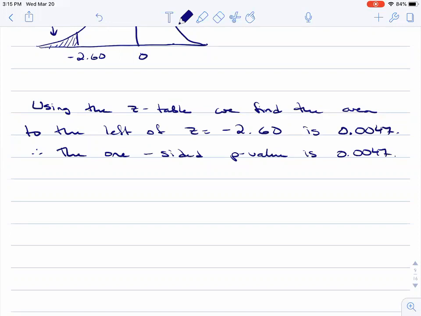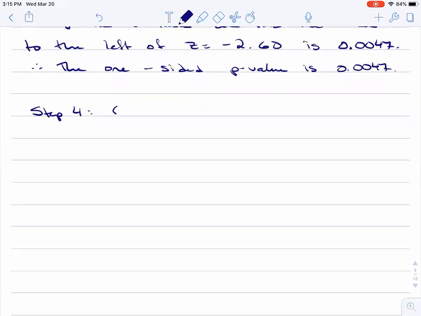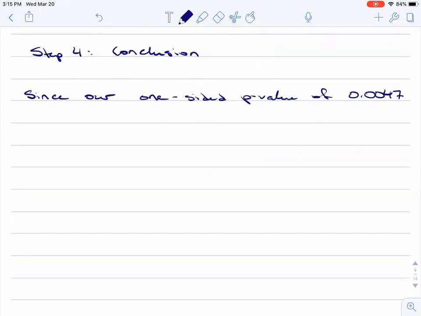Now that we have our p-value, we can draw our conclusion. So step 4, same as always, is our conclusion. Since our one-sided p-value of 0.0047 is less than our assumed alpha level of 0.05, we have enough evidence to reject H naught.